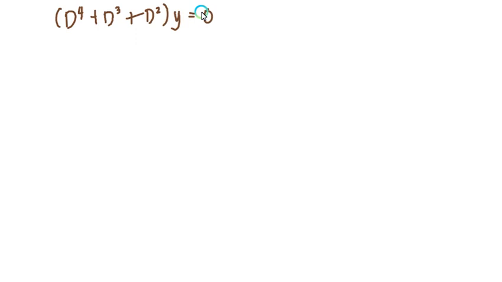So, para makuha naton ang general solution of DE, kinahanglan ta man liwat ang auxiliary nga equation. So, your auxiliary equation will be equal to m to the fourth plus m cubed plus m squared is equal to 0.